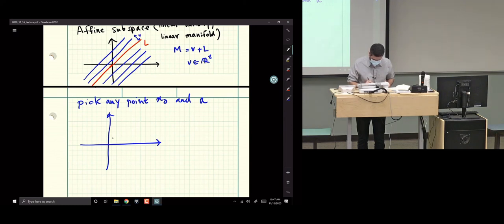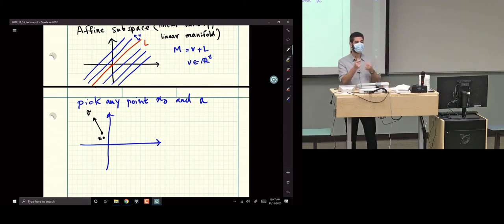Okay, so if I pick any point here, right? It's going to go through the origin again. Let's pick a point here, x0, a vector A, right? Apply the same definition. Now, if I pick any x, to make it a vector, I need to subtract x0.